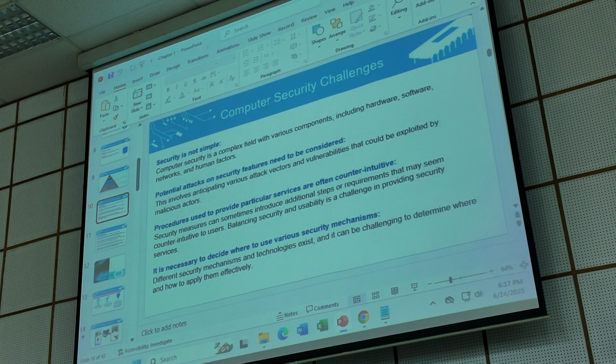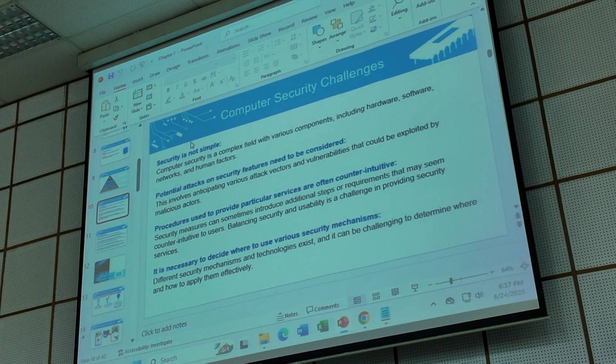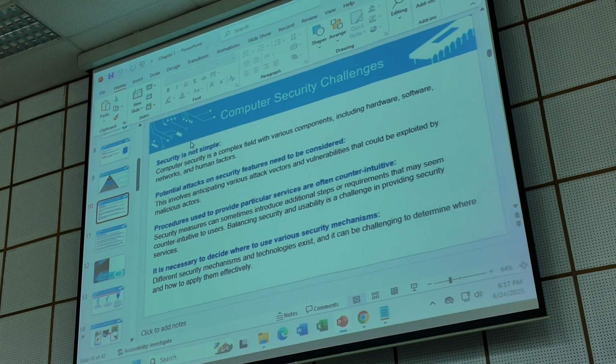Computer security challenges, I'm not going to focus on this one because we are focused on the introduction to internet security. So what are the challenges nowadays? There are a lot of challenges. The first one is that the computer includes a software part and a hardware part, so you need to think about the security for both.